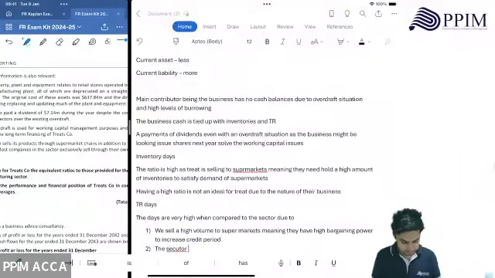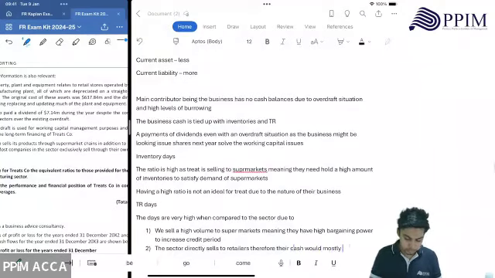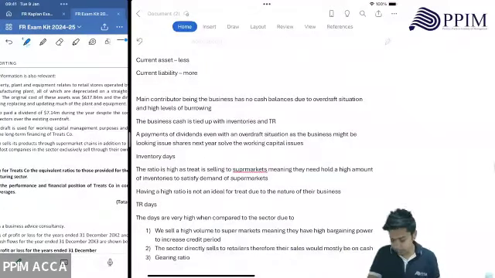The sector directly sells to retailers, therefore their sales would mostly be on cash.